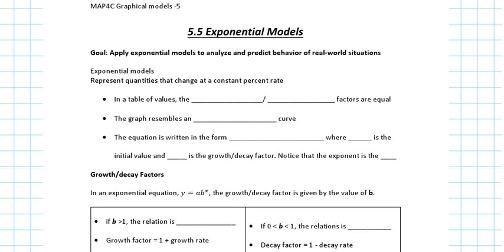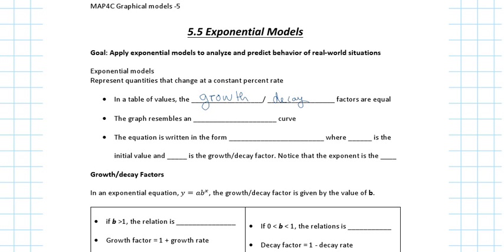Okay? So if I'm talking about an exponential model, you have a constant percent rate, which means constant ratio, y2 over y1. And we will have, in the table of values, the growth or decay factor. It depends if it's growing or decaying or going down, they're equal.